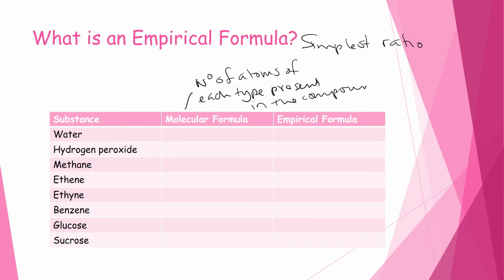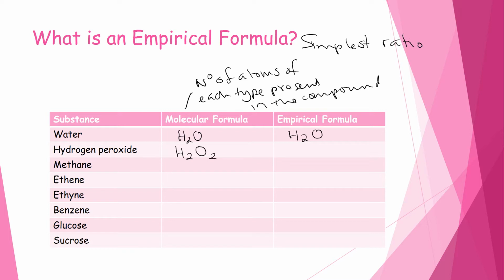So let's look at an example. If you look at water, its molecular formula is H2O. Now if you look at the ratio, it's got 2 hydrogens to 1 oxygen, and that's actually the simplest ratio, so its empirical formula is the same. But when you come to hydrogen peroxide, it's got a formula of H2O2.